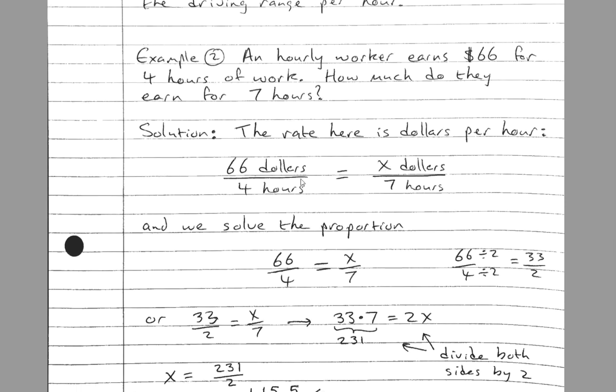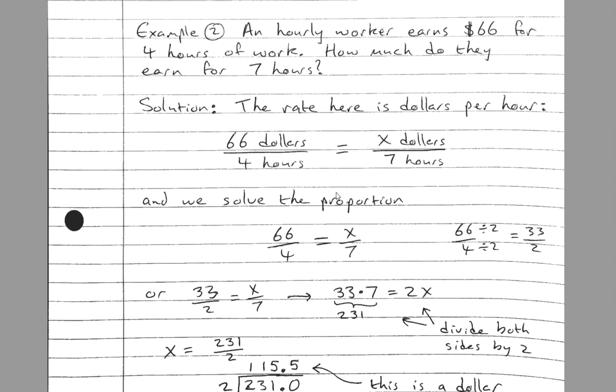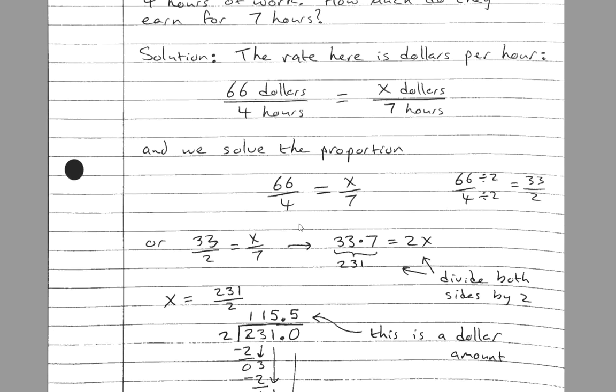Now we can solve the proportion with our 3 steps. Step A again, simplify this. I think they only have a 2 in common, so cancel 2's.